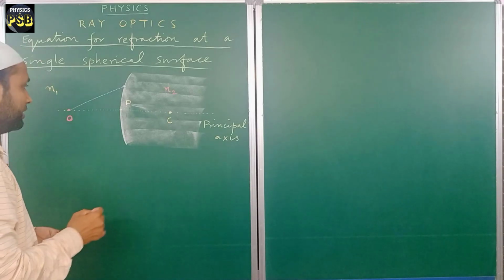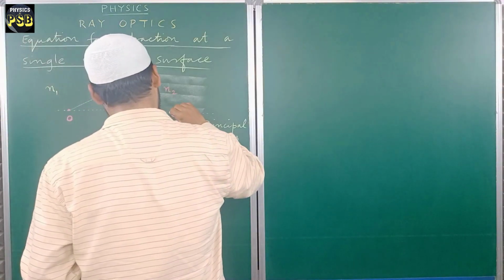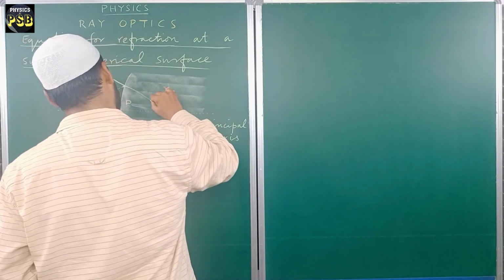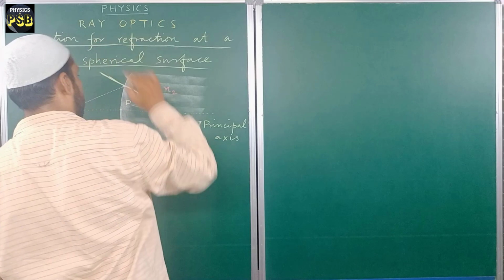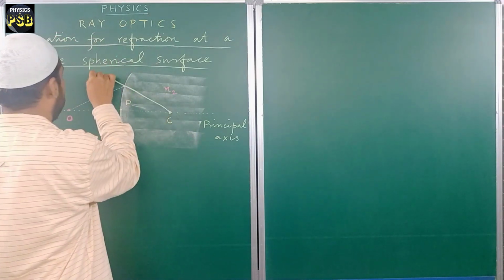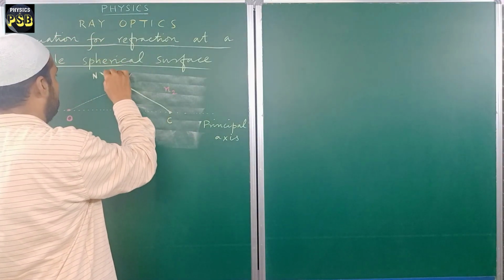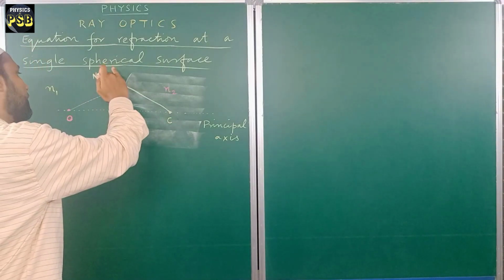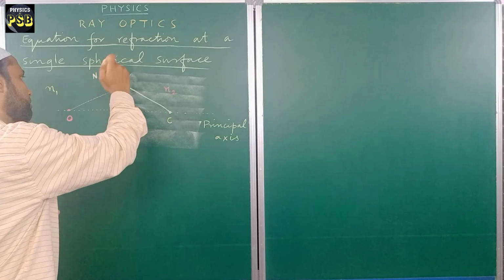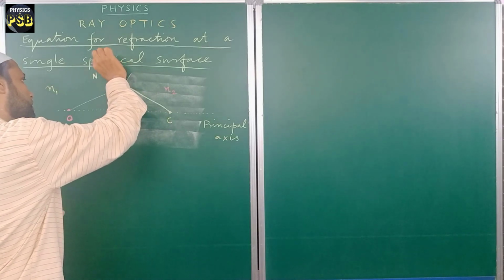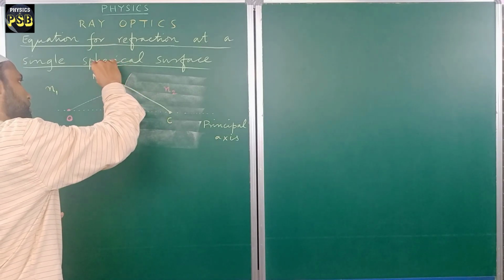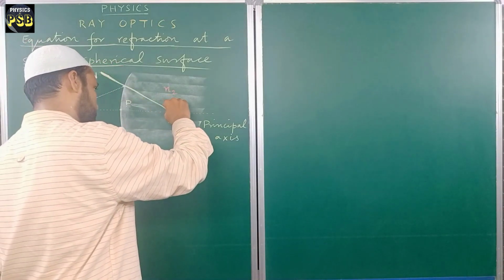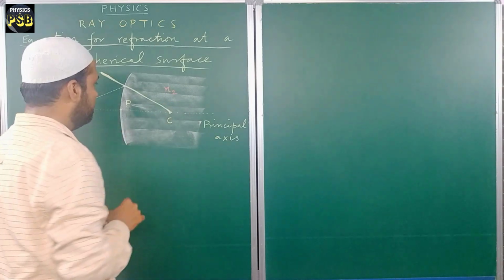Here I draw a line. This line is called the normal. With respect to this normal, we measure the angle of incidence. All measurement is done with respect to this normal line. Understand?